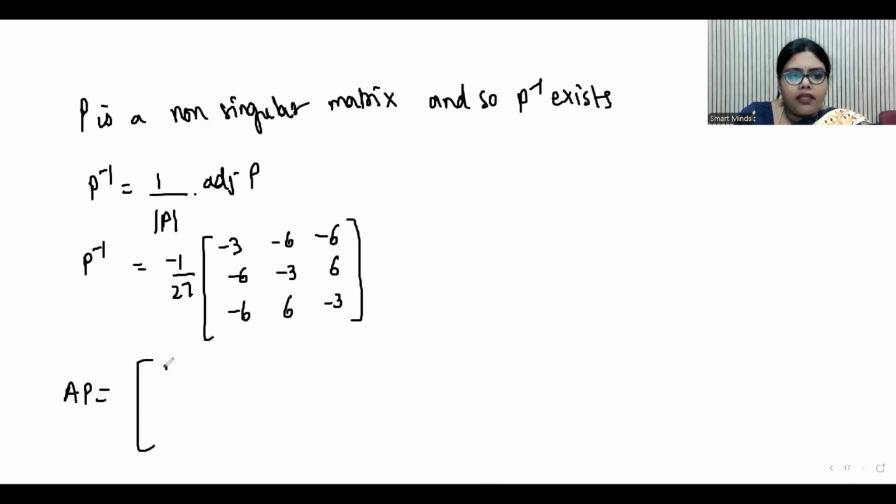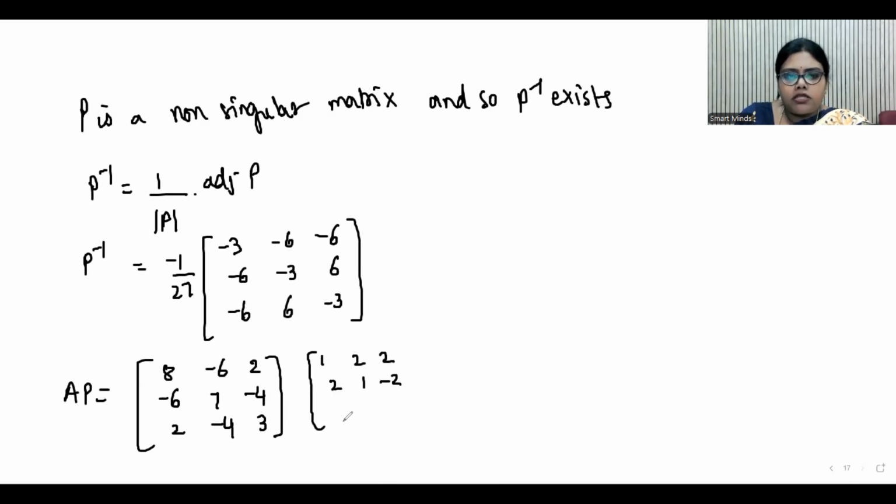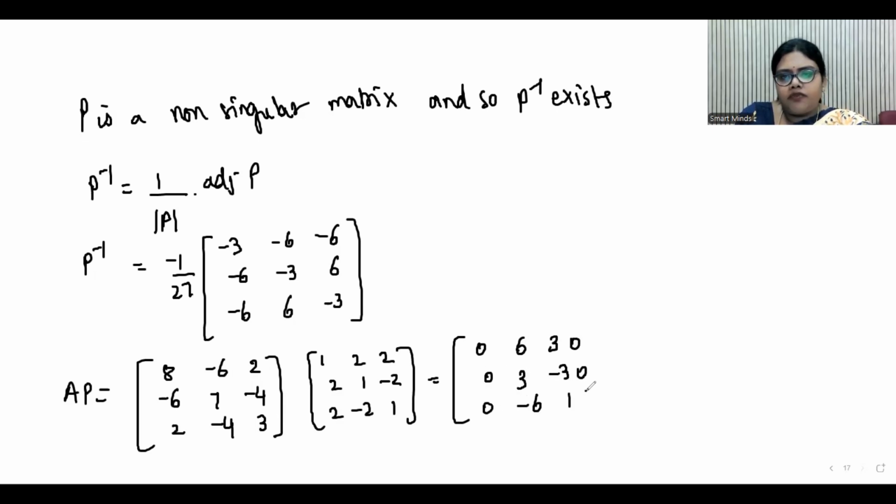What is AP? 8, minus 6, 2, minus 6, 7, minus 4, 2, minus 4, 3 into what is P? 1, 2, 2, 2, 1, minus 2, 2, minus 2, 1. If you multiply this, you will get 0, 6, 30, 0, 3, minus 30, 0, minus 6, 15. In the last problem, I have shown you how to multiply two matrices. I have given you the direct answer here.